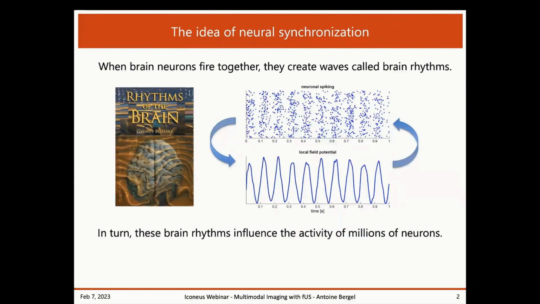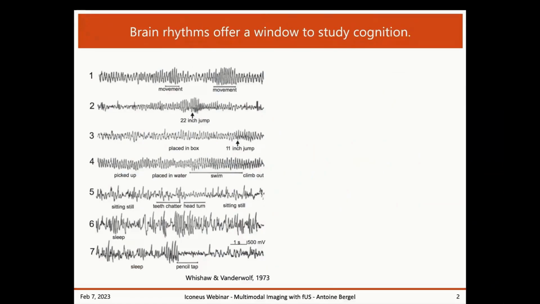In turn, those oscillations in the field potential shape and influence the activity of millions of neurons. What was super interesting for me was that using electrophysiology, you can detect and study those waves. And another very important point is that those waves offer a window to study cognition.